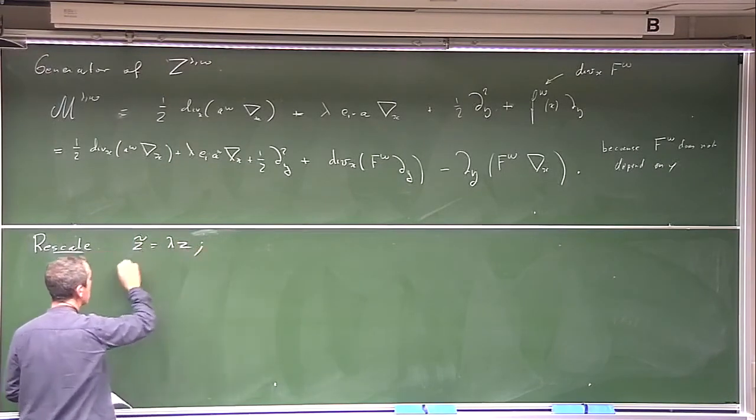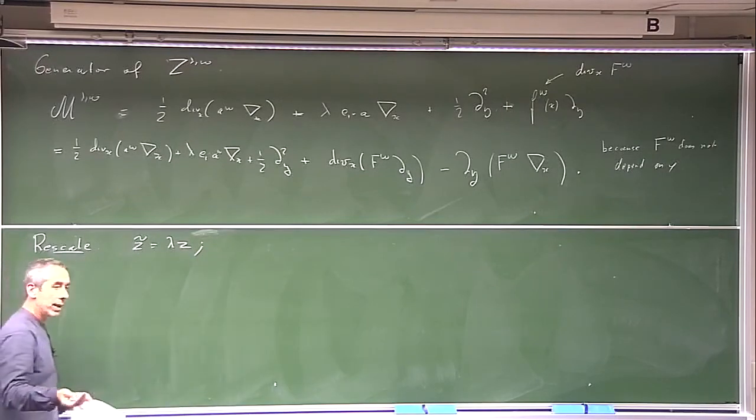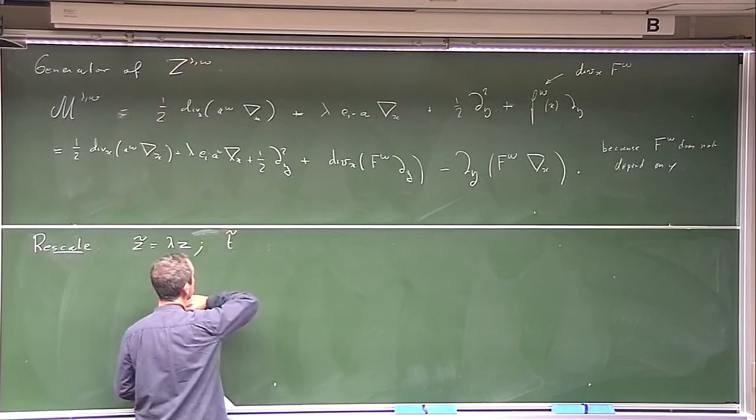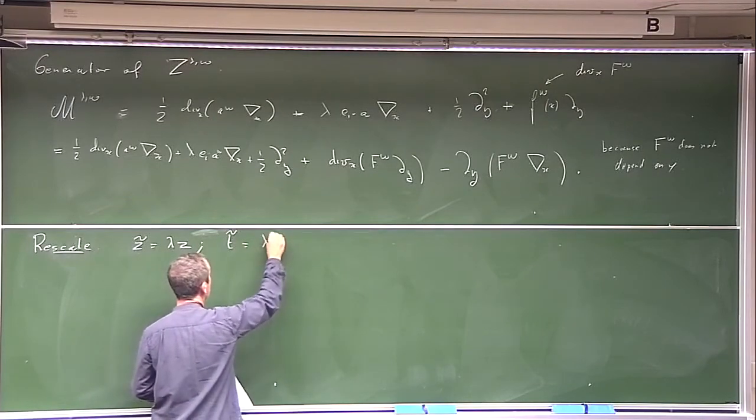That is, I define z tilde to be lambda z, and I rescale time. So new time is t tilde, by a factor lambda square.